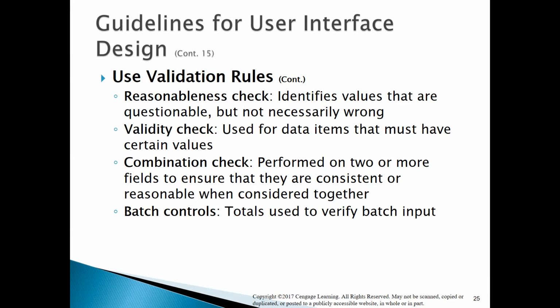Combination check is performed on two or more fields to ensure that they are consistent or reasonable when considered together. Let's say you enter your date of birth, and according to it you are 23 years old, and you say you have 10 years of experience.